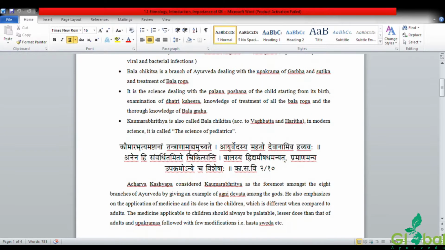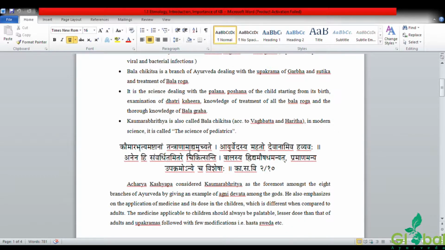So Kashyapa Samhita, while explaining in his Vimanasthana, tells that Kaumarbhrityam Ashtanam Tantranam Adyamuchyate Ayurvedasya Mahato Devanamiva Havyavaha Anena hi Samvardhite Mitare Chikitsanti Balasya Hrudyamaushadam Anyata Pramanamanya Upakramo Anyecha Visheshaha.